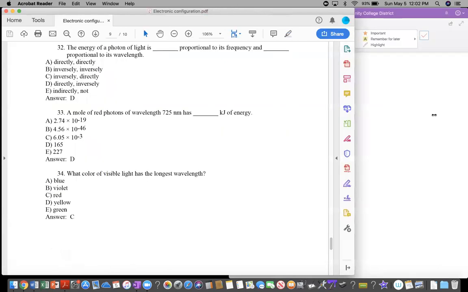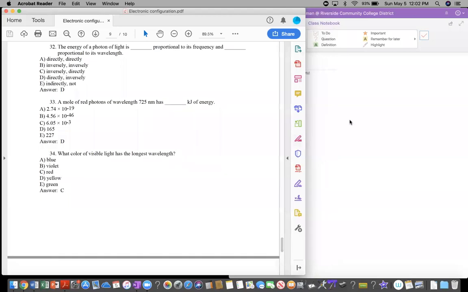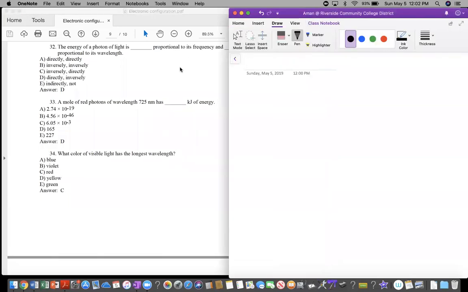So in your lecture notes, try to look for the formulas that I've given you. There were a couple of formulas. There was c is equal to lambda times frequency. Okay, yeah, I had that one here.